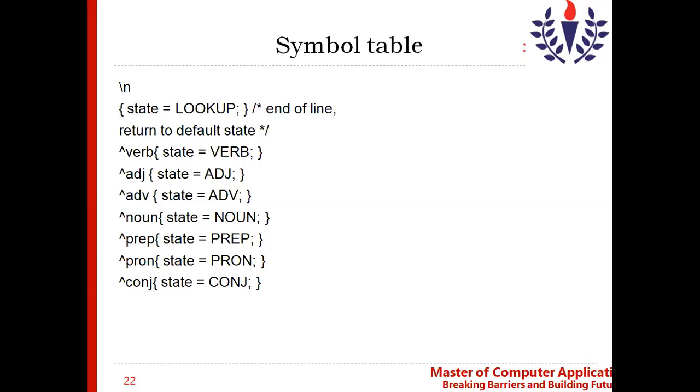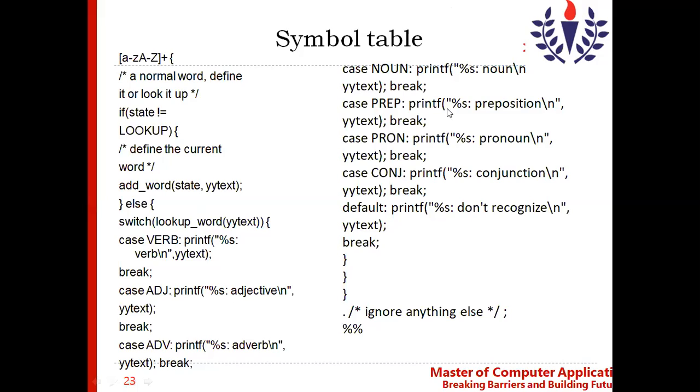Here we use the linked data structure concept to store a list of words, and when you give those words as input, it searches the linked list and gives you the answer with the type of the word. This is the program which includes the symbol table. With this, we'll be ending this session.